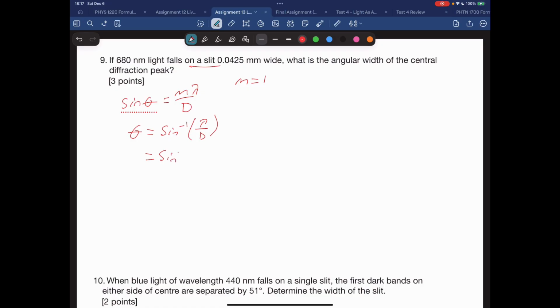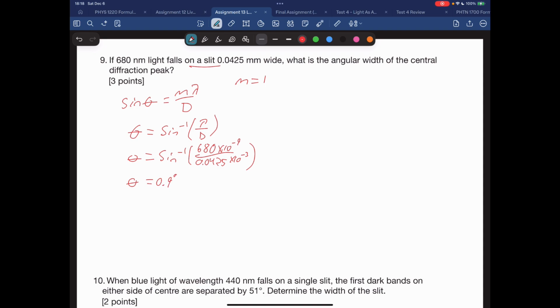Plugging in some numbers here, I have a wavelength of 680 times 10 to the negative 9 meters and a slit width of 0.0425 times 10 to the negative 3 meters. And that will give me about 0.9 degrees.